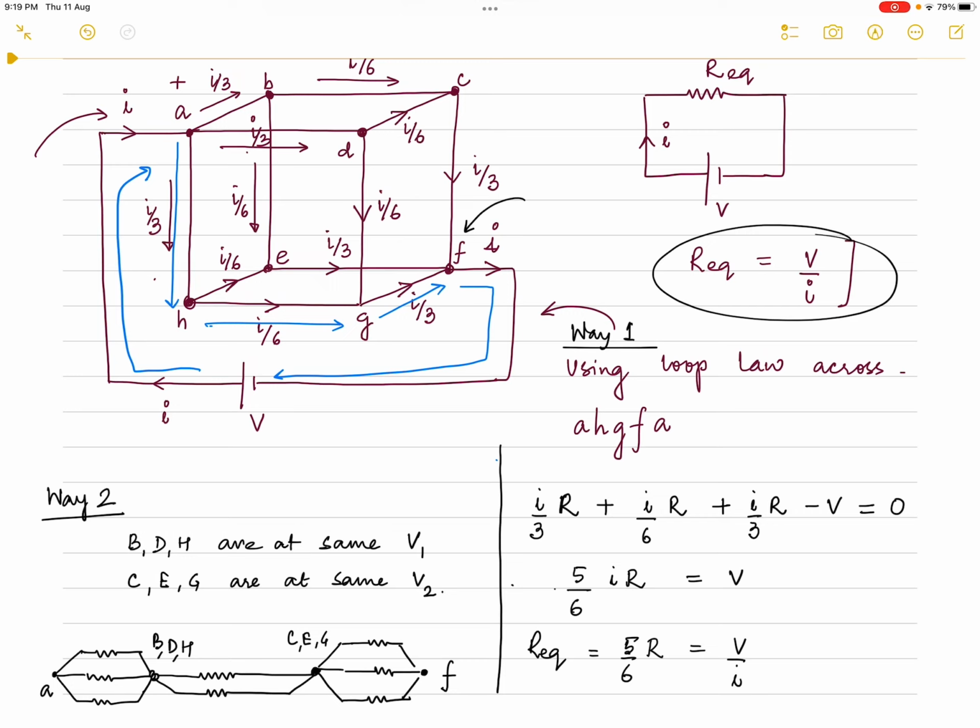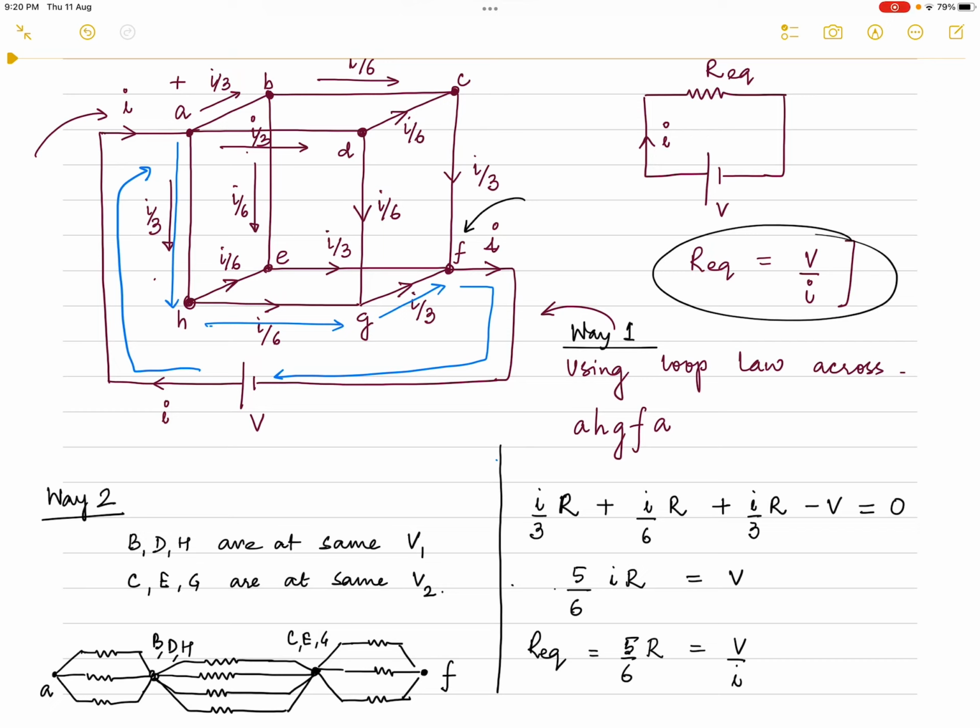Similarly, there is another resistor between D and G, one resistor, and there is a resistor between D and C also. So, one extra resistor I need to draw here. What we observe is that all these resistors come naturally in parallel now.